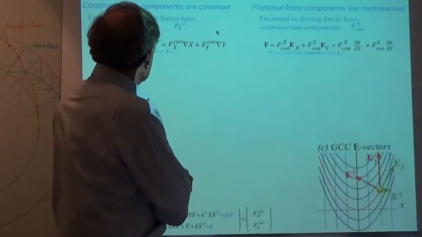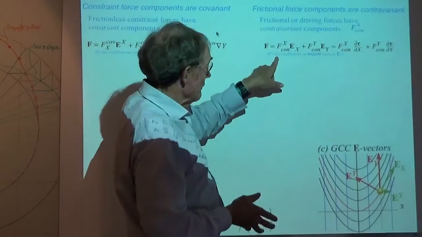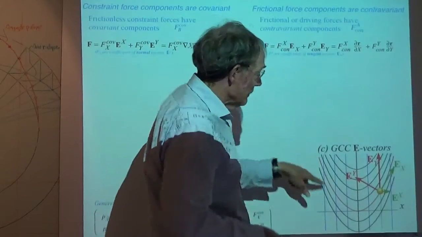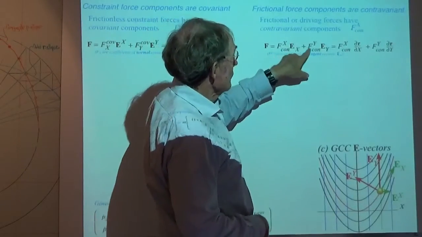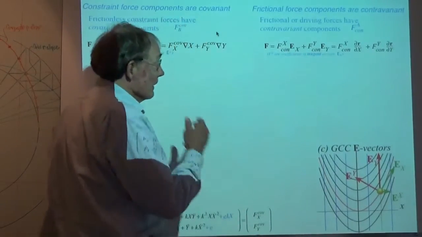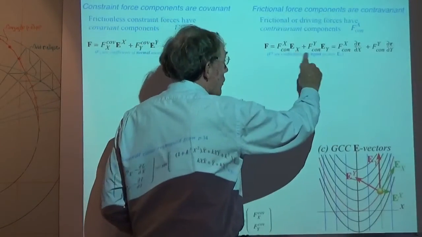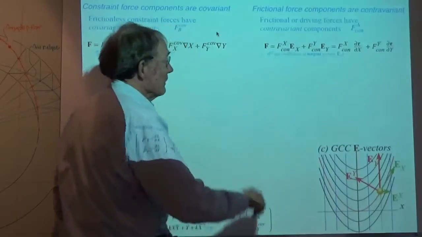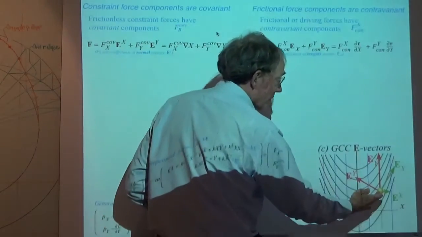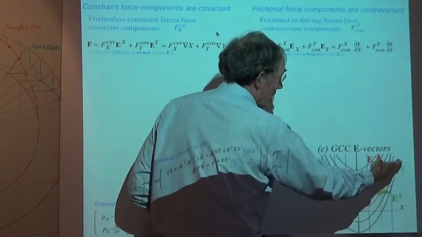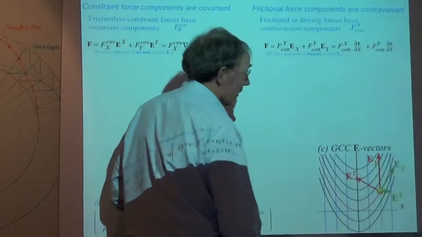Whereas, if you were to write the force that's driving this thing, gravity plus whatever the metal of the parabola is doing, you can just as well express it as contravariant components of covariant vectors. Covariant vectors are the tangents here, namely this guy and this guy right there.